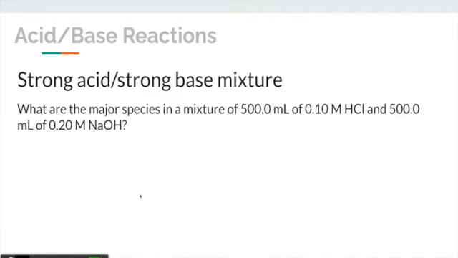In this example, we're asked what are the major species in a mixture of 500 milliliters of 0.1 molar HCl and 500 milliliters of 0.2 molar NaOH. So what will happen when the HCl is in solution is it's just HCl completely dissociating to give you H plus ions and chloride ions.